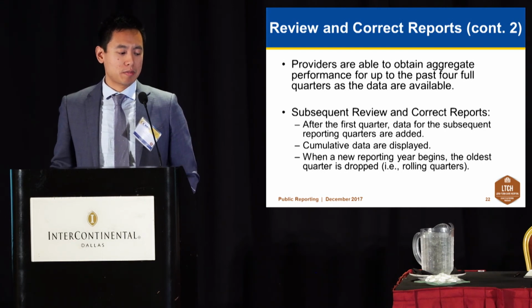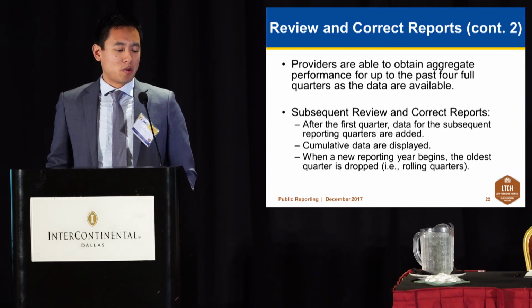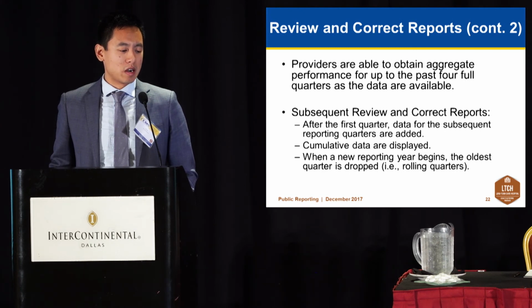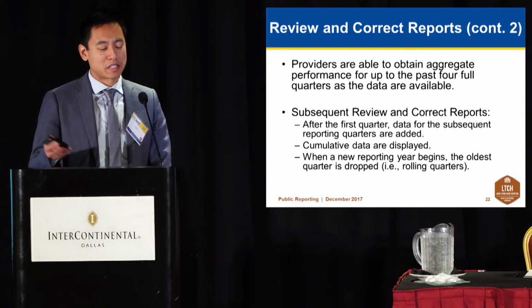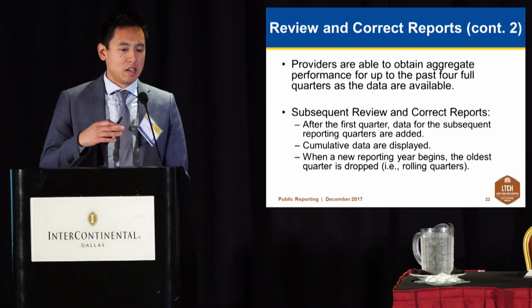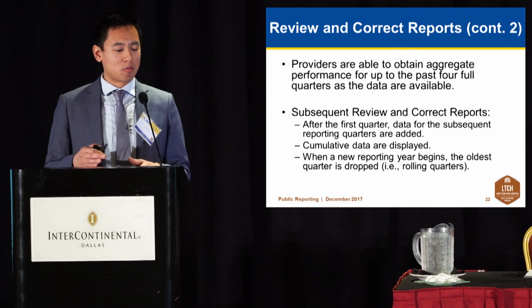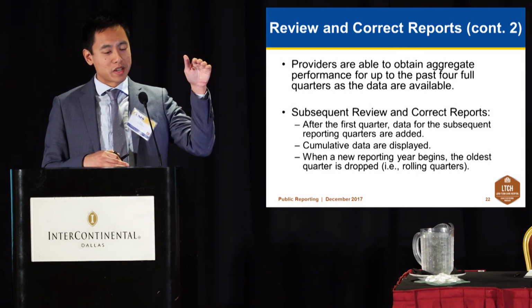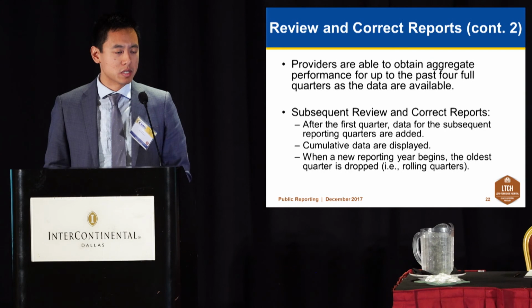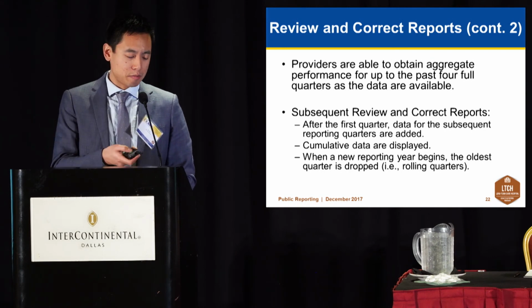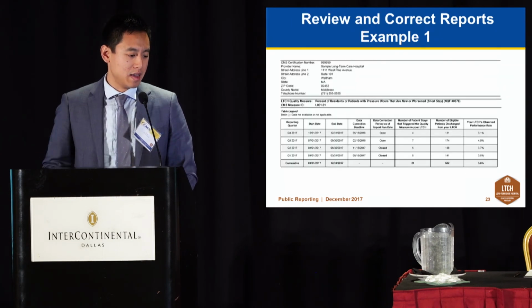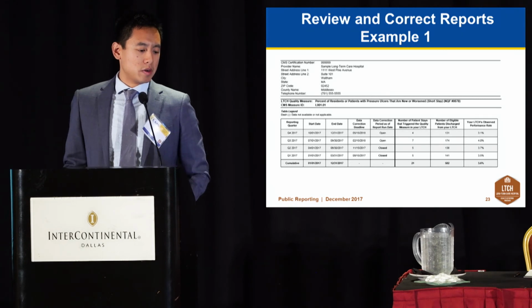In subsequent review and correct reports, after the first quarter, data for the subsequent reporting quarters are added. I'll explain later that once you see the 4 quarters, the new quarter will replace the oldest quarter. So we'll show that.